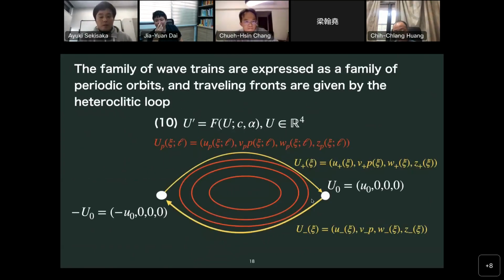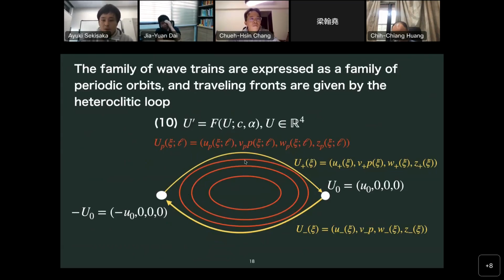Okay, so theorem 1 means, like this picture, that the family of wave trains is expressed as a family of periodic orbits of the first order system, and the traveling fronts are given by the heteroclinic loop in the first order system. So theorem 1 means that such a structure exists in the vector field for the specific parameters.